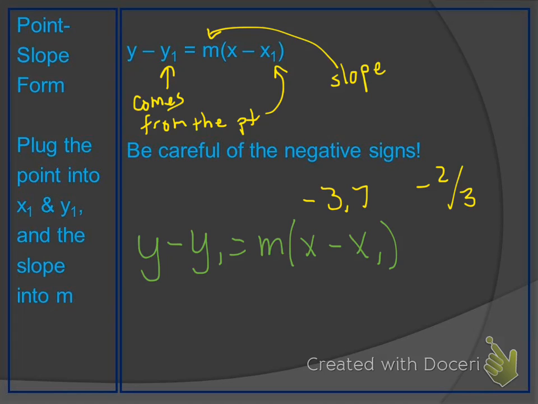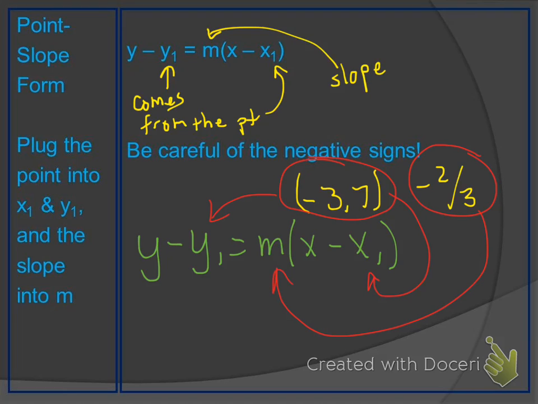Now what I'm going to do is very, very simple. I'm just going to take this point that I have here and substitute it in for the x and the y, and I'm going to take my slope and substitute it in for the m.